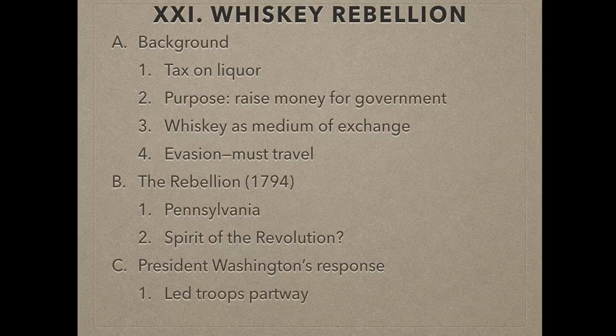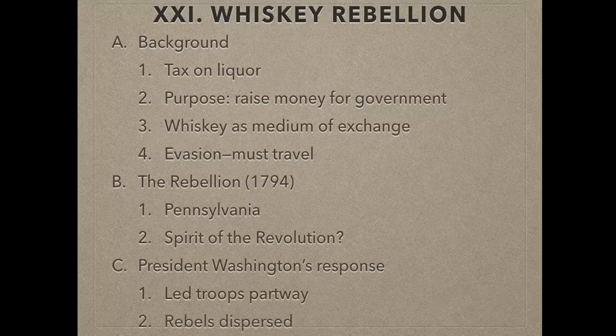That's more troops than he had under his command in the Revolutionary Army. He's going to lead them partway to go and put down this rebellion in Pennsylvania. And actually, by the time that the troops arrive, the rebels have dispersed. So it ends up being something of a non-issue.